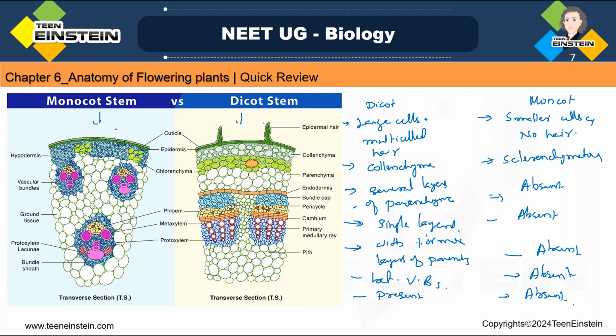Then what about vascular bundles? The last point. Vascular bundle, that is in a ring shape. So in dicot stem, vascular bundle is in a ring shape.